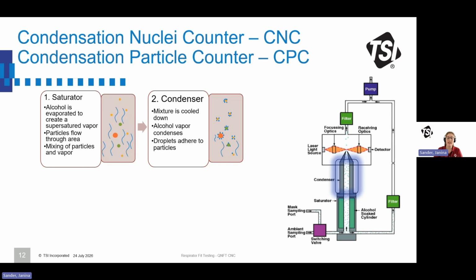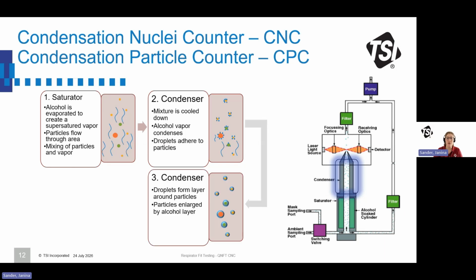And while the condensing is ongoing, with more and more alcohol condensing, the droplets on the particle surface become bigger and bigger until they form a complete layer around the particle. So you could think about the particles enlarging, being enlarged by the alcohol layer. Or you can think about a droplet with a particle nucleus. And this is why this name CNC came.